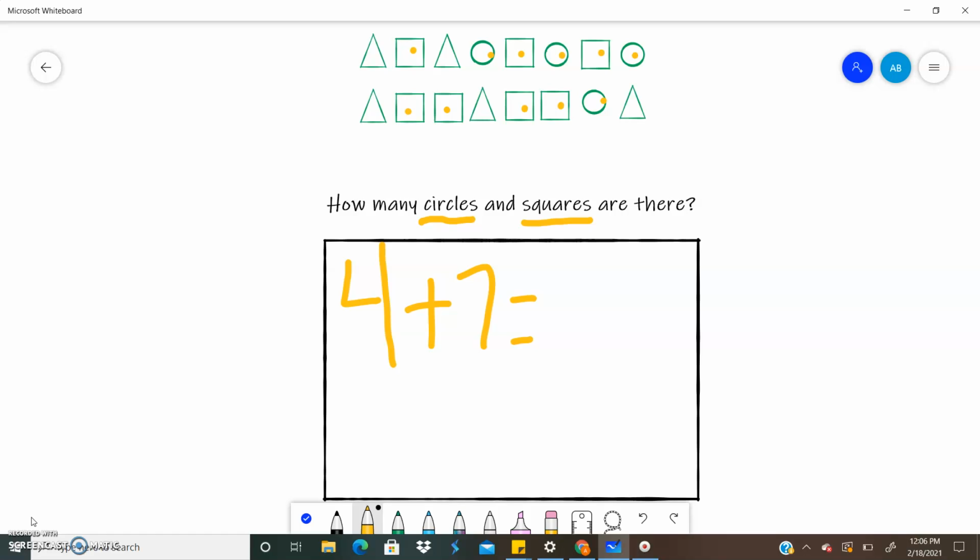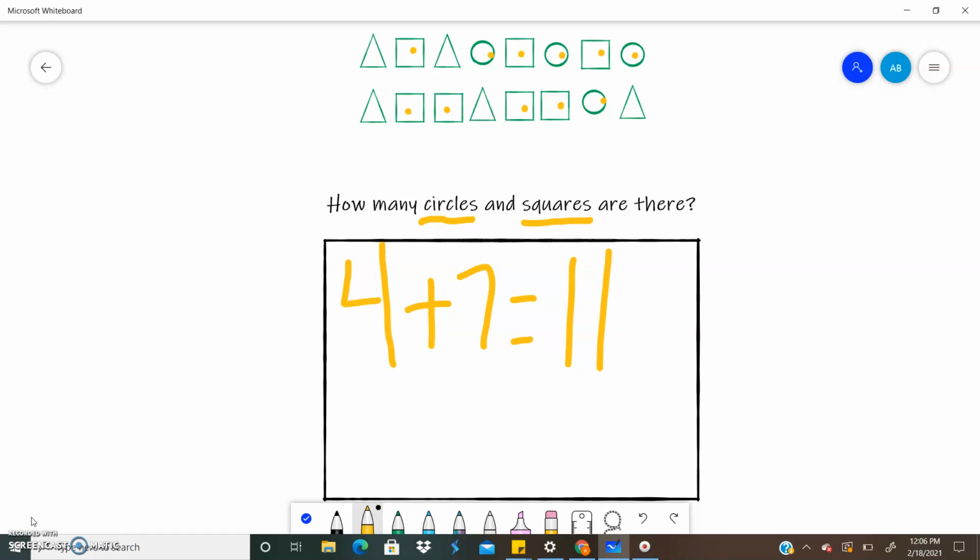Okay, so if we use our fingers, we can say 7 and then put up a finger for each number we count up. You ready? 7, 8, 9, 10, 11. So 7 plus 4, or 4 plus 7, equals 11.